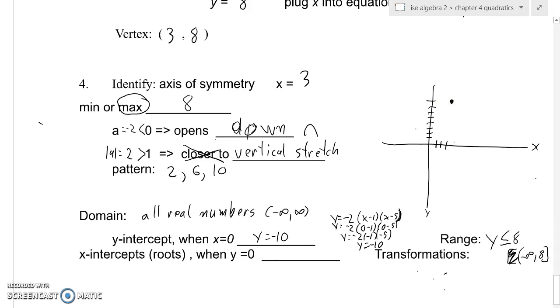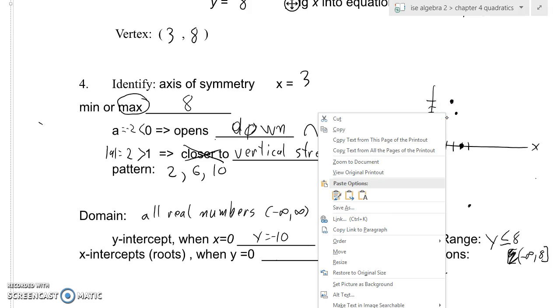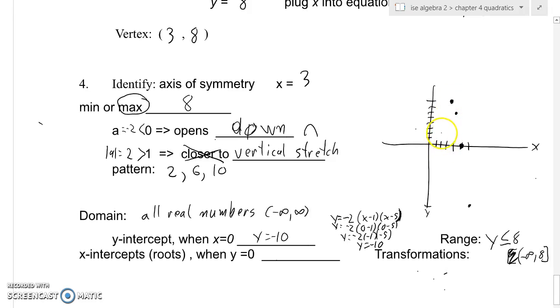Our pattern says go over 1 and down 2, over another 1 and down 6, over another 1 and down 10, reflecting those points over the axis of symmetry. And then we're going to draw in our beautiful parabola.